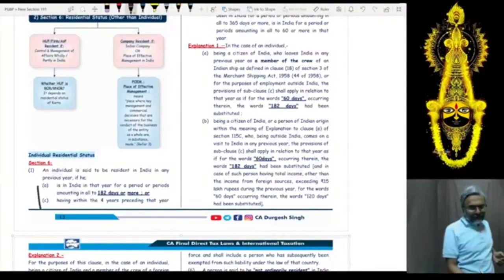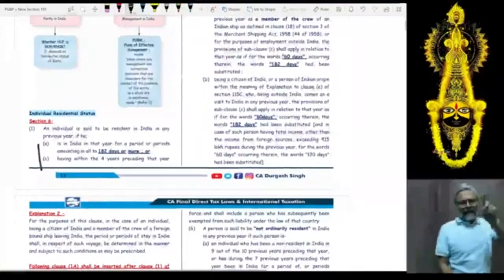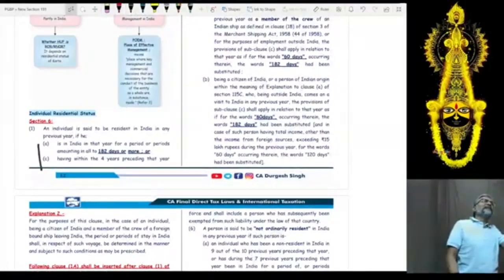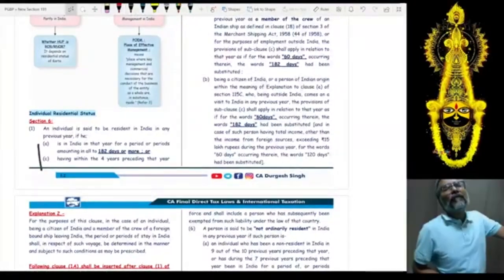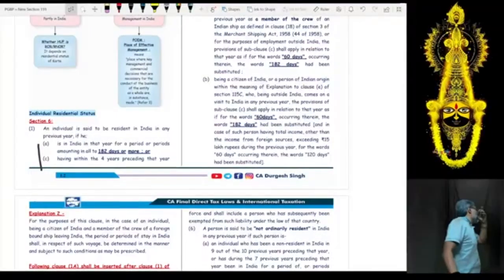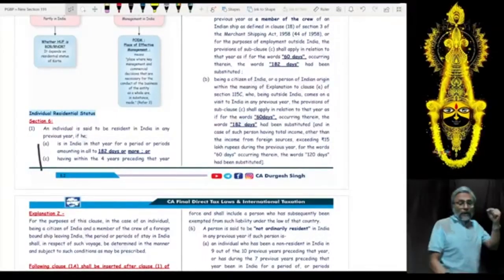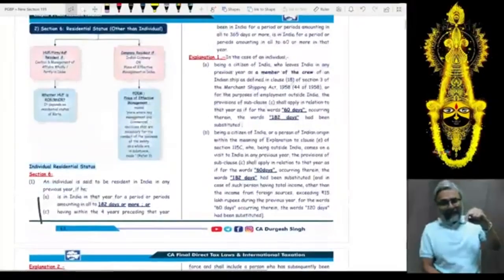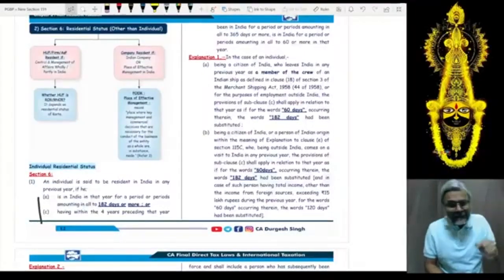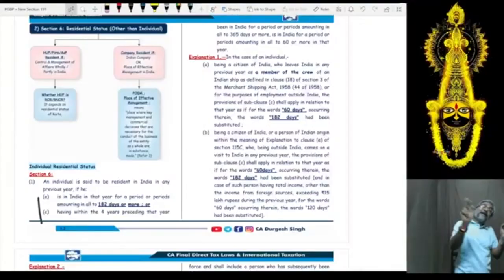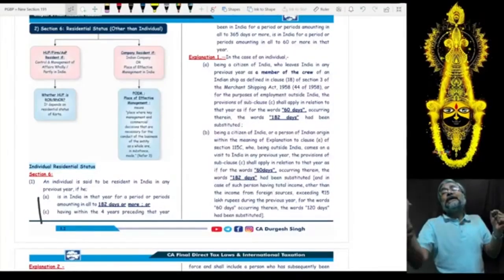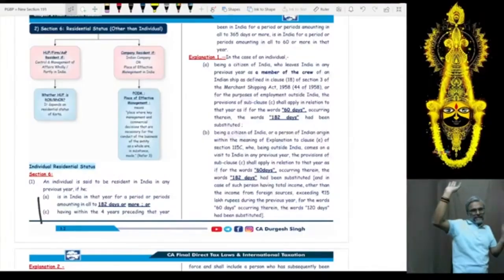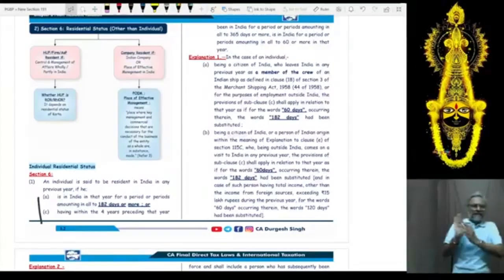So therefore, we all are aware: 182 days stay in India, minimum stay in India for 182 days in the relevant previous year. Or, minimum stay in India for the relevant previous year is 60 days, and in the last 4 preceding previous years, the aggregate stay should be minimum 365 days. That is the second basic condition.